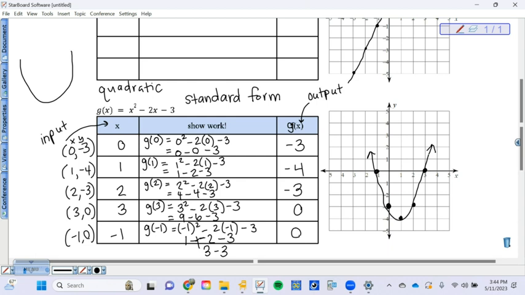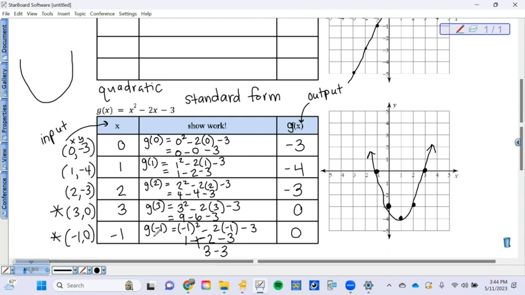And let's talk about what Micah was talking about, because where are my x-intercepts on this parabola? Where does the graph of the parabola cross the x-axis? -1 and 3.